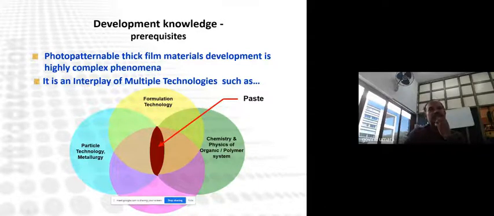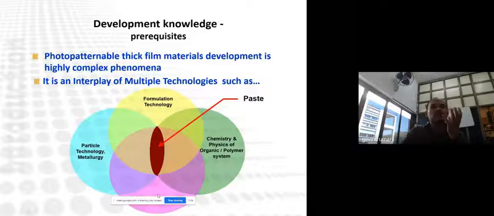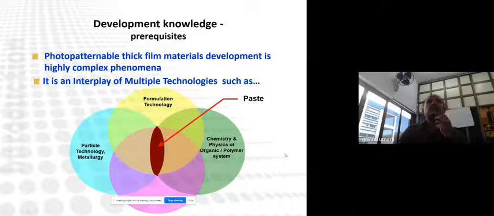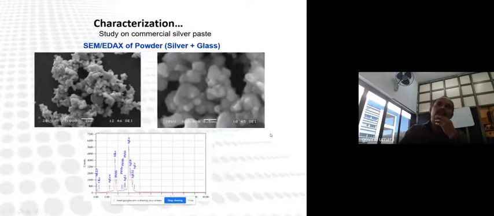Then we need the chemistry and physics of the organic and polymer system. And the third one is rheology, which is required to know the viscosity of your nanocomposite. Based on these prerequisites, one can develop such a technology.